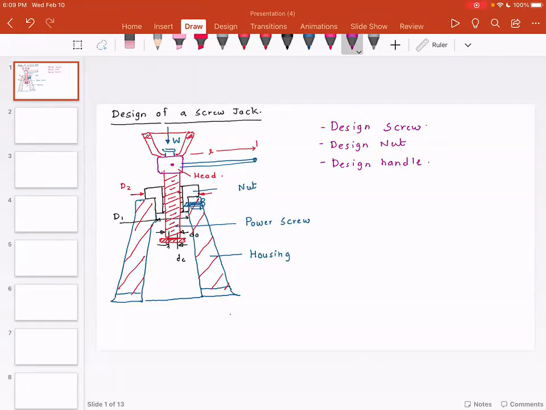What I'm going to do is give you a recipe for the design procedure.